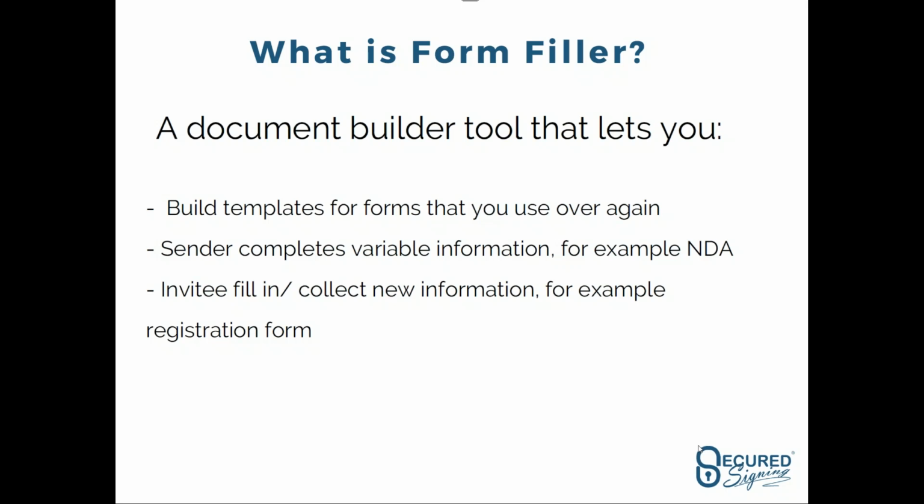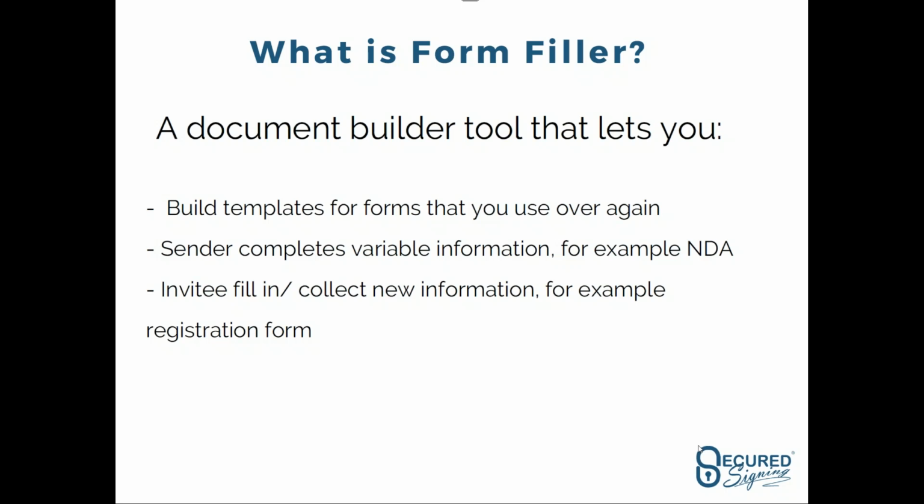And then the sender can pre-fill those different variable fields and then send it out to be signed. So the person sending the signing request will complete the information, which is variable each time, and then send it out. That is how you would use it when the sender fills in the information.